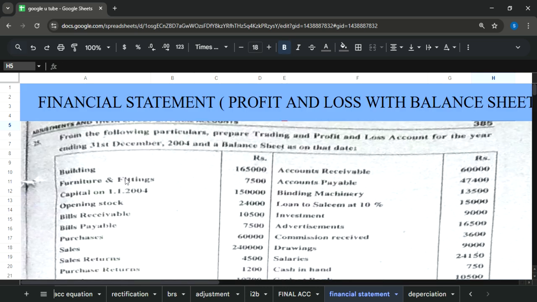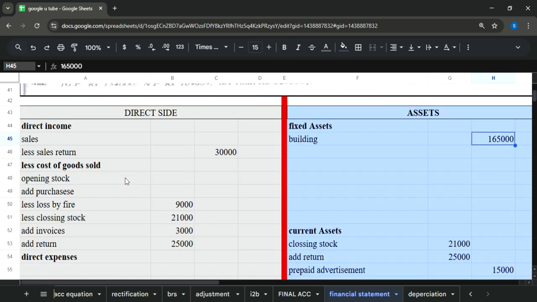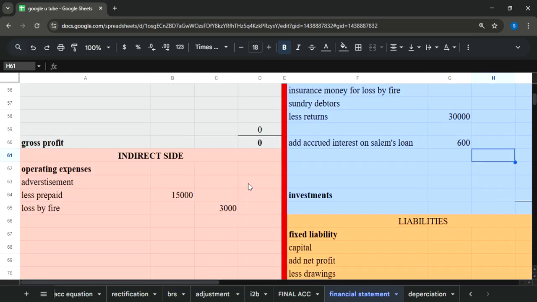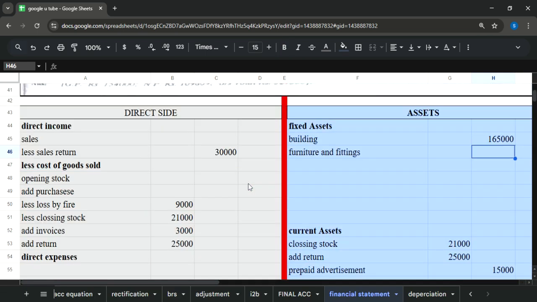After building we have furniture and fittings, which is also your fixed asset. Just write down furniture and fittings. Amount of furniture and fittings is 7500, so just put 7500 in front of furniture and fittings.